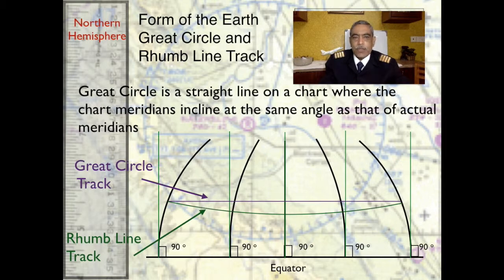It's for that reason you will see the great circle as a straight line, and a Rhumb line track which is curved to the south and meeting the other place. So this is the difference between the great circle and the Rhumb line track.